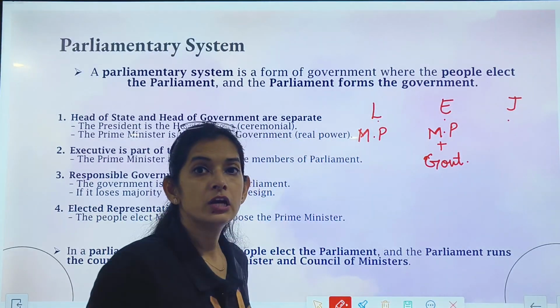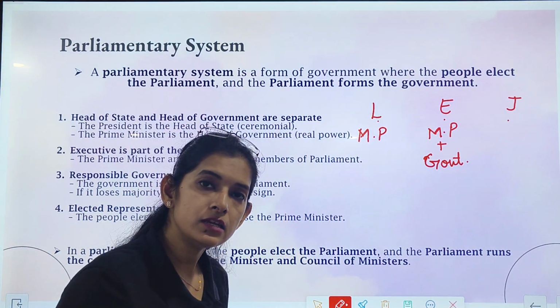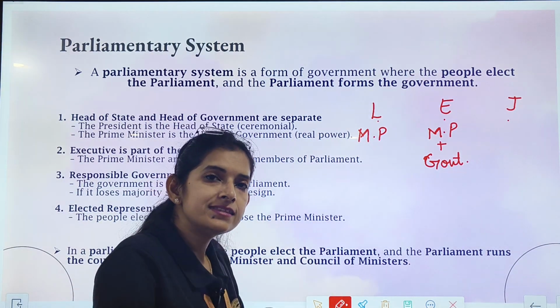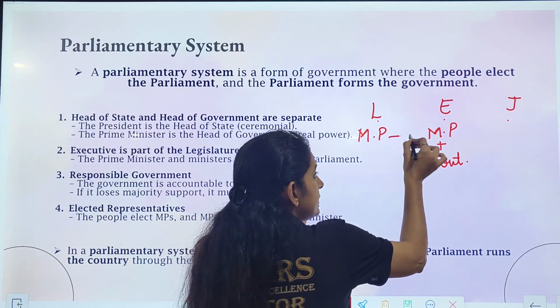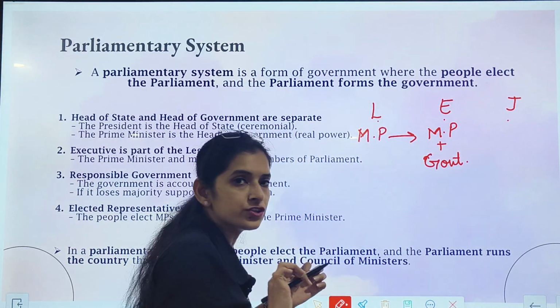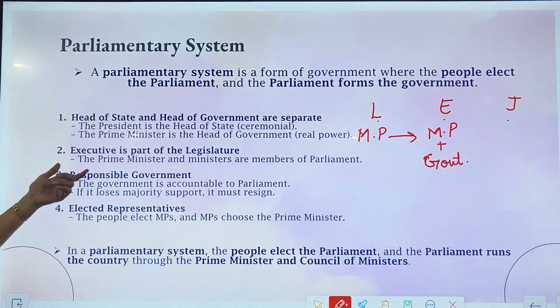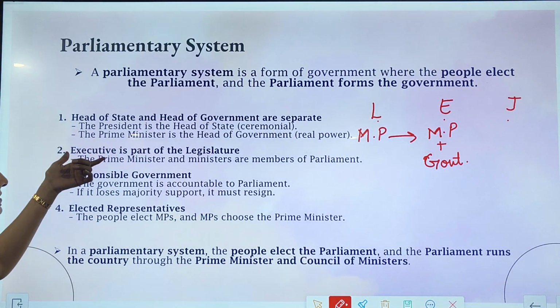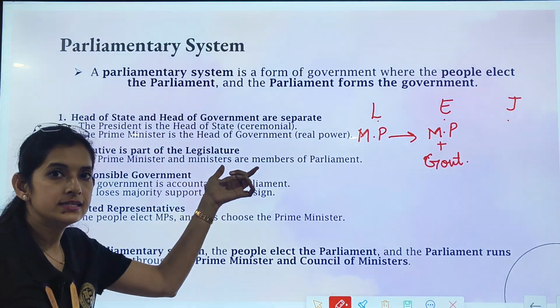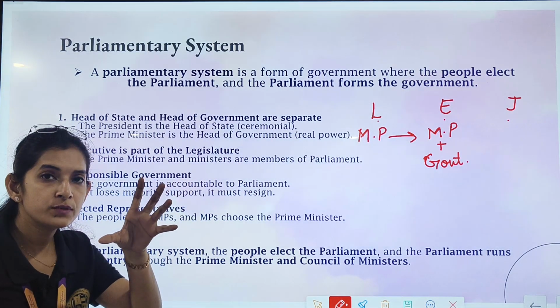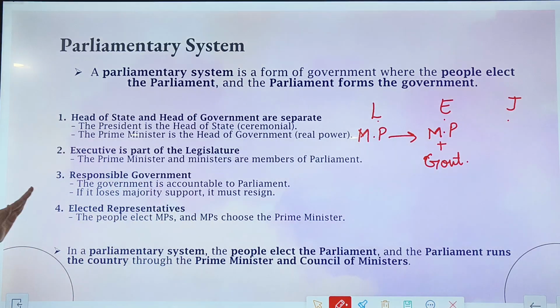Clear? So, some part of the executive is connected with the legislature. Understood? Therefore, it is said that the executive is part of the legislature. Understood this statement?